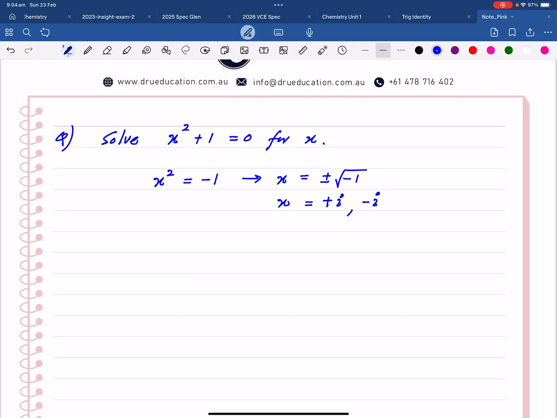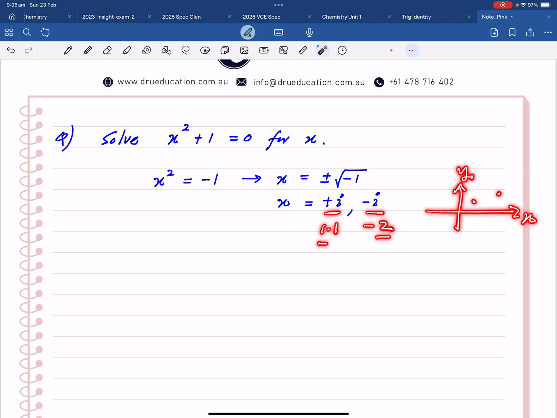Okay. Now, if you think about these values over here, these are the solutions, right? These are x values, for example. But you have to understand, these are not numbers like 1.1 or minus 2 or something like that. If you have those kinds of numbers, you typically use Cartesian and put the points down.